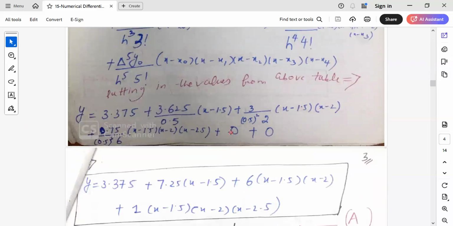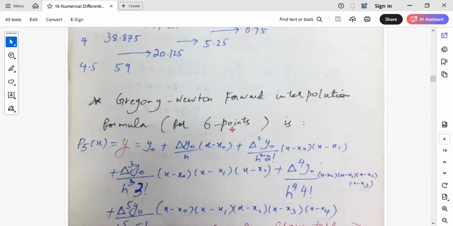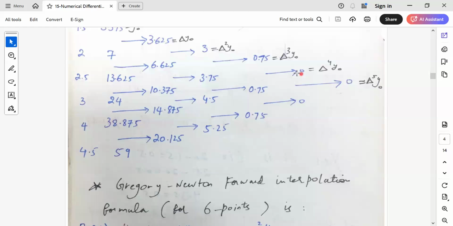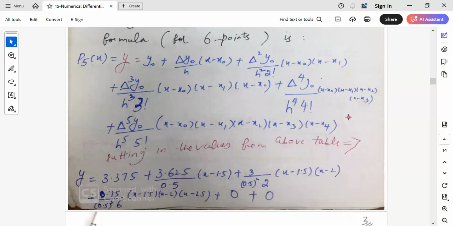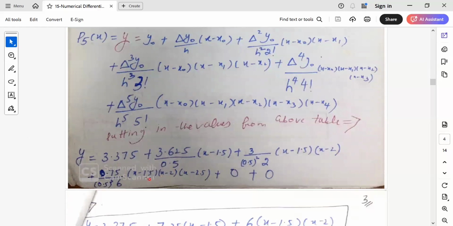Again, some differences are zeros. If you look at these two values, this is 0, this is 0. So the fourth degree and the fifth degree coefficients are 0. The polynomial will be of only degree 3. Here are 3 factors, 1, 2, and 3. So it is easy to differentiate.